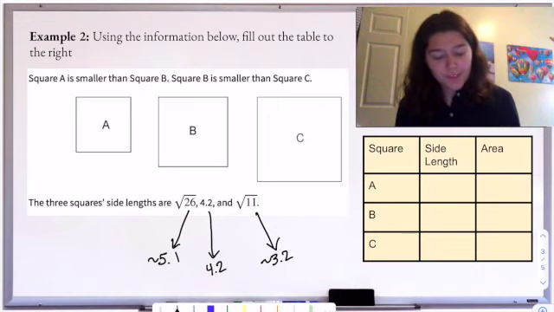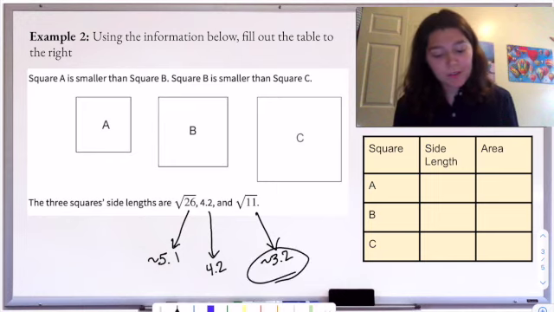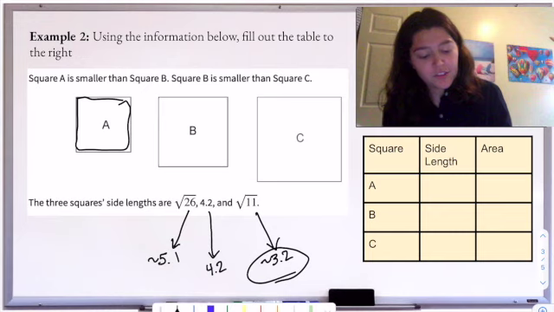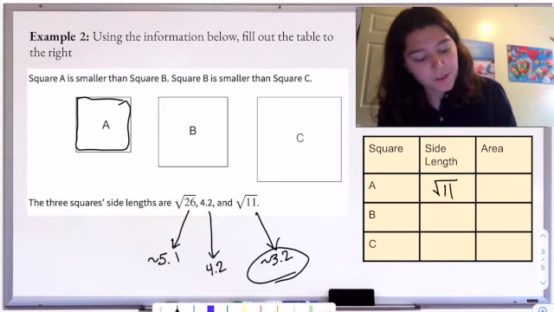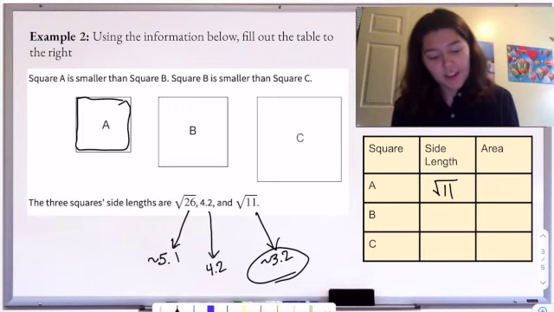So then I'm now going to try to order these. So the square root of 11 was my smallest number. So that needs to go with my smallest square. So the side length of square A then is going to be the square root of 11. Okay, then I have 4.2.